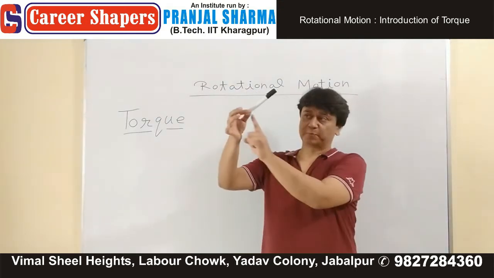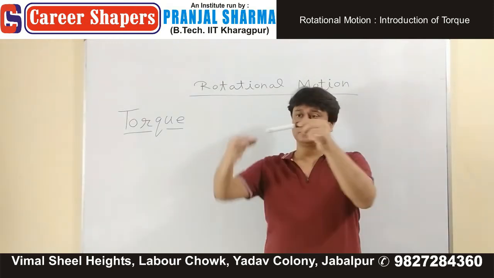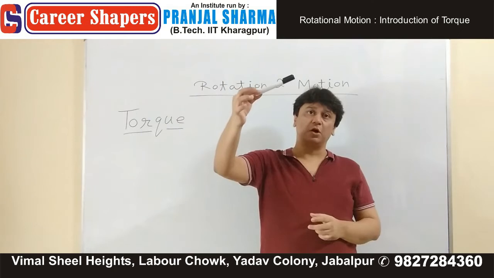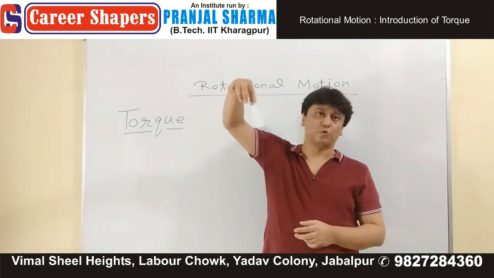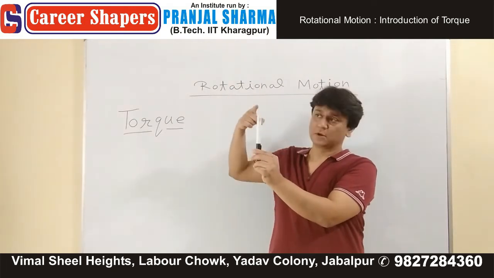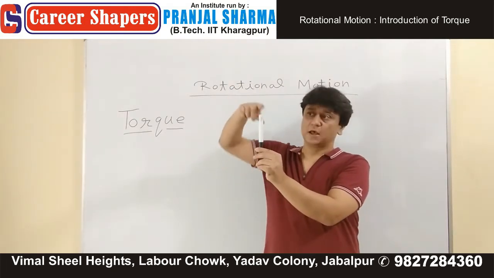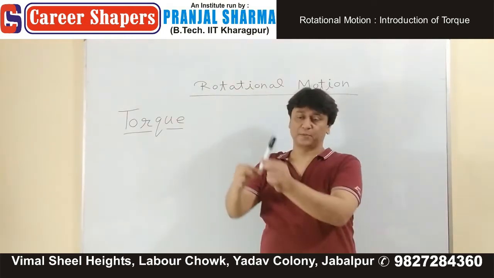But look at this place where I am holding the marker, right here. This place is called the axis of rotation. This marker is going to rotate about this position. There is an axis, and about this axis this marker is going to rotate.